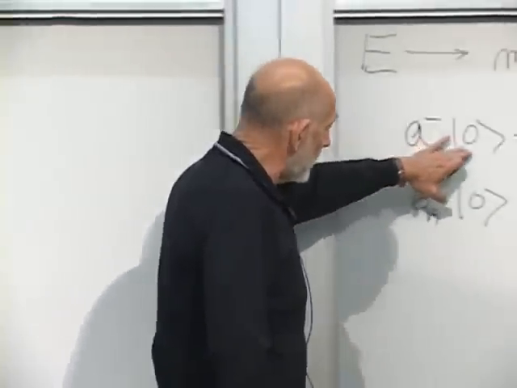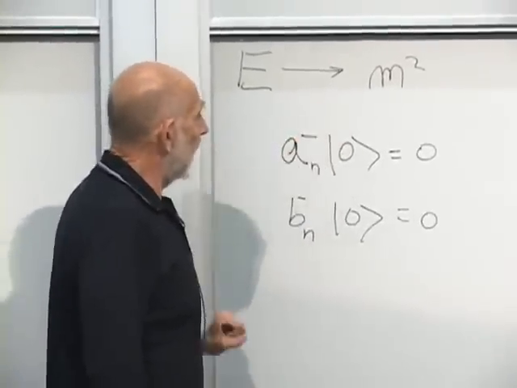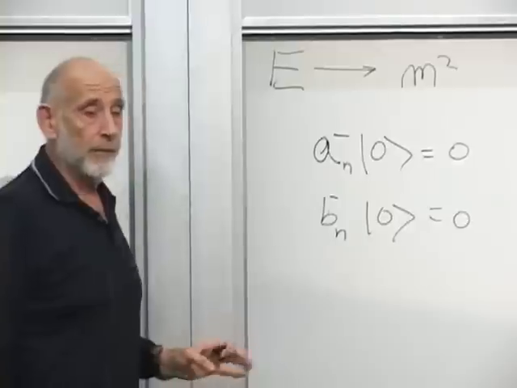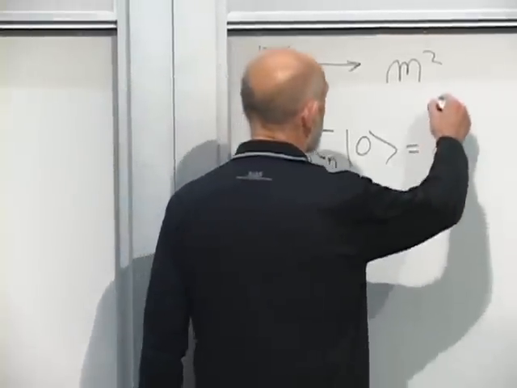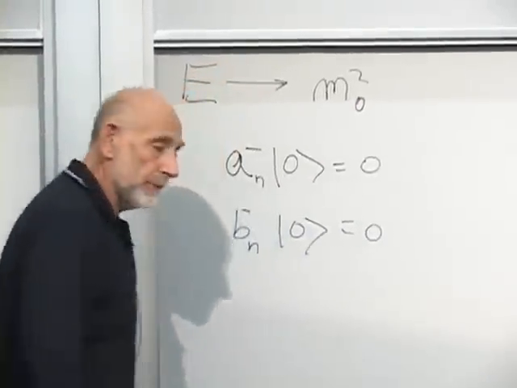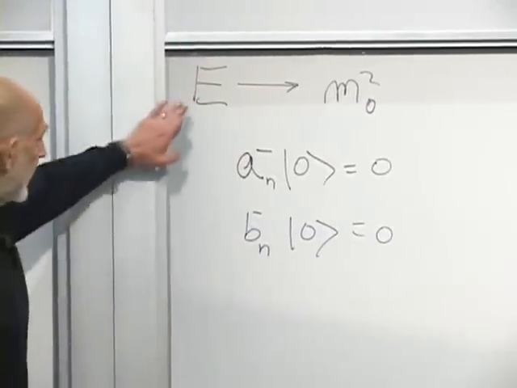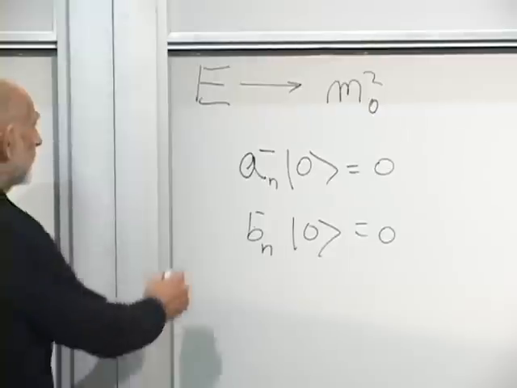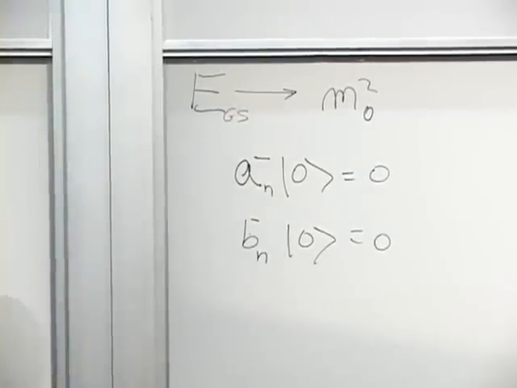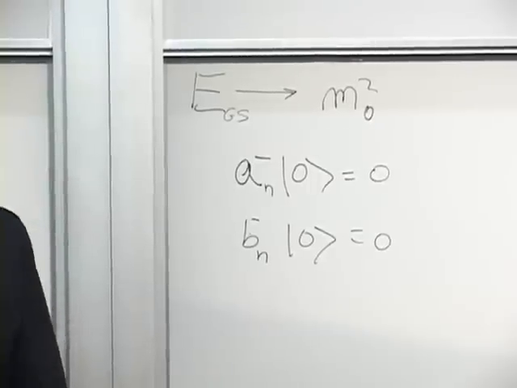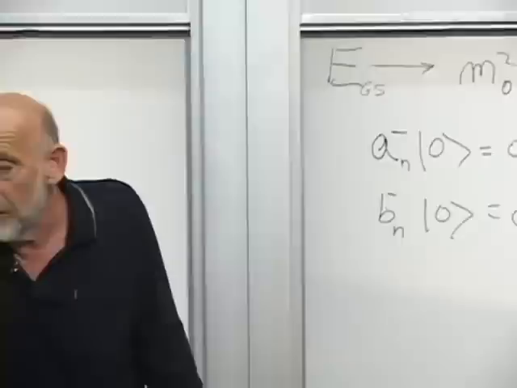So this thing is a particle, and I'm not going to begin by prejudicing what the mass of that particle is. I'm just going to call it m0 squared, whatever it happens to be. This is the energy of the ground state, or the square of the mass of the ground state. And we don't know what it is yet. We don't have a tool yet for finding out what it is.